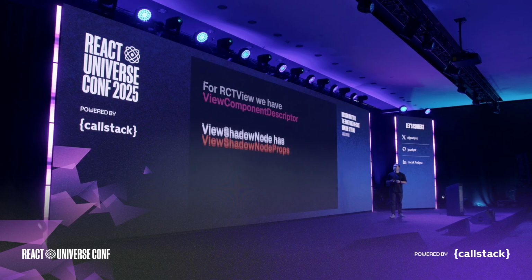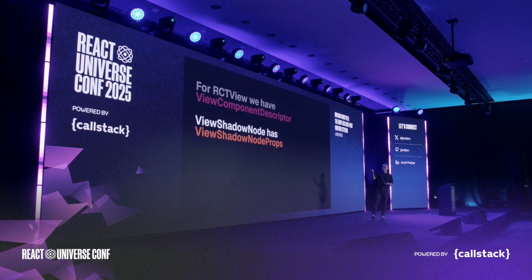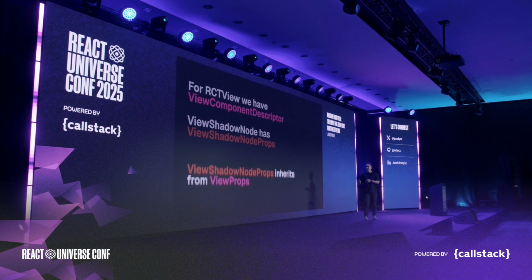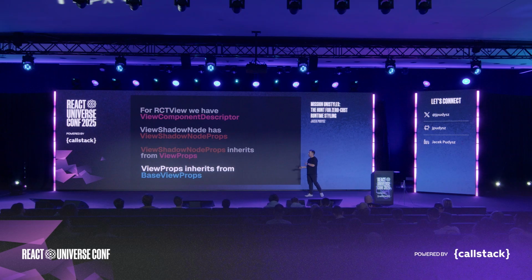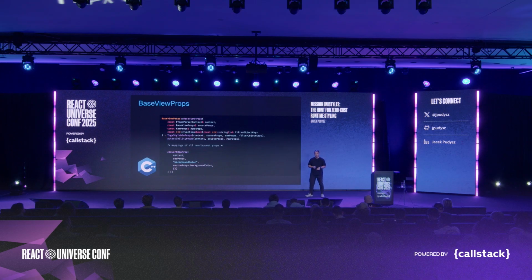And view component descriptor has view shadow node props. And view shadow node props inherits from view props. And at the end, view props inherits from base view props. So we went from JavaScript, we transformed our values, and we ended up in the base view props.